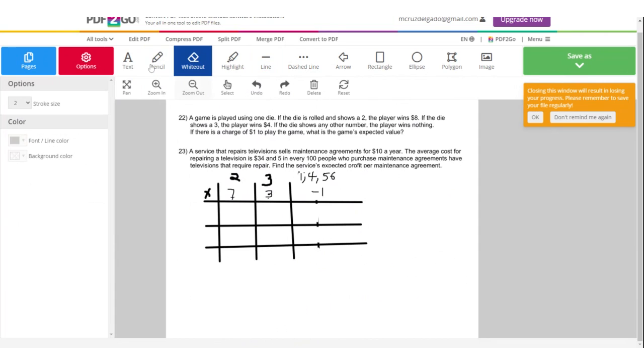All right. So the probability of each of these is 1 out of 6, 1 out of 6. And this one is 4 out of 6. So if we just multiply it down, we'd have 7/6, 3/6, -4/6. I'm leaving them as fractions because that's going to make them easier to add with the same denominator.